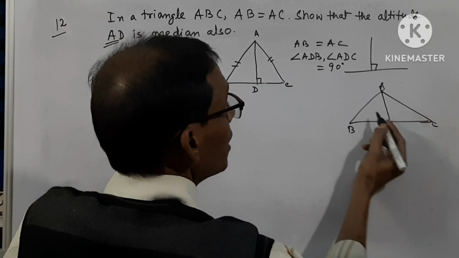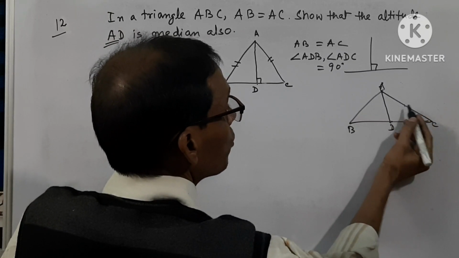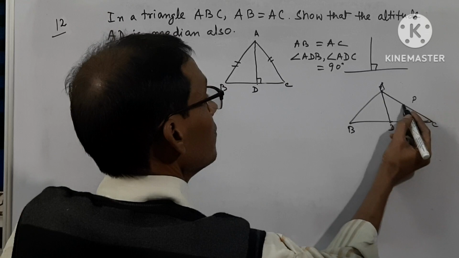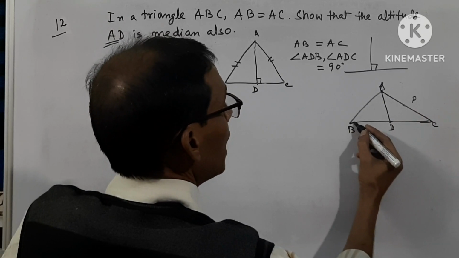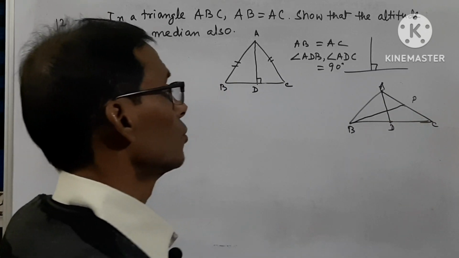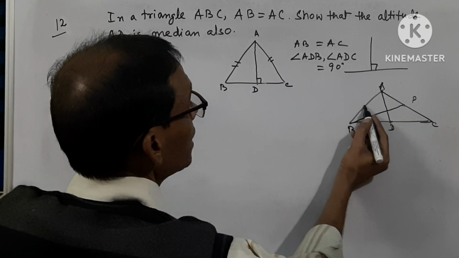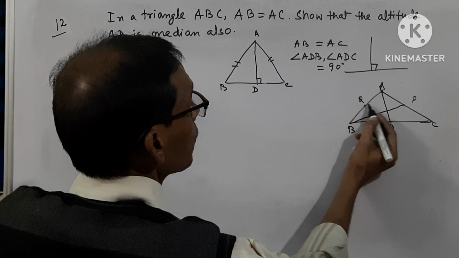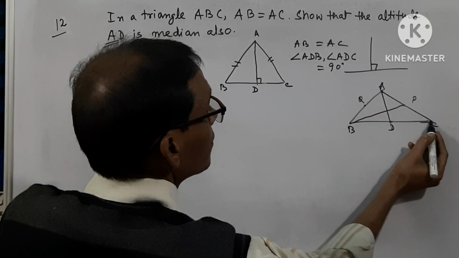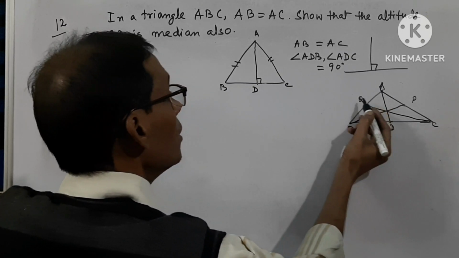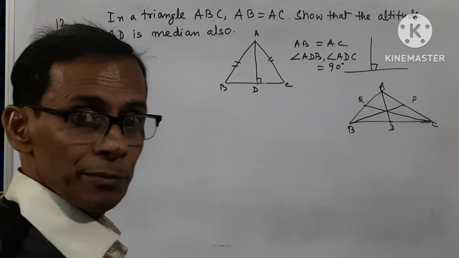Similarly, if P is a point on AC, the midpoint, and you join B and P, this BP is another median, and if Q is the midpoint of AB and you join C to Q, then CQ becomes another median.